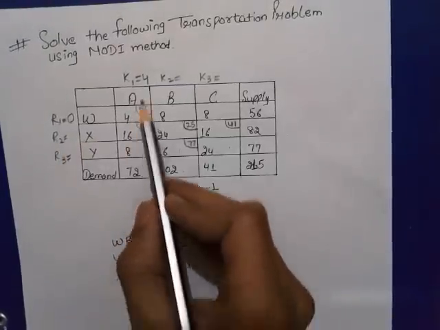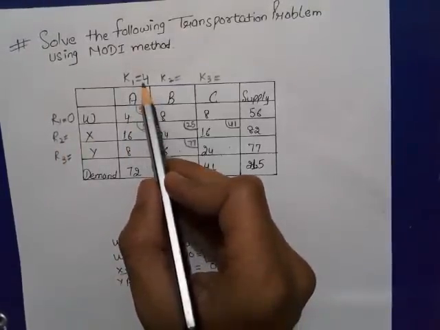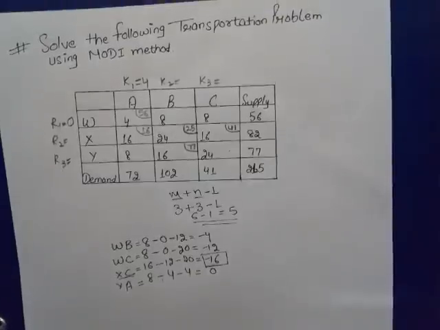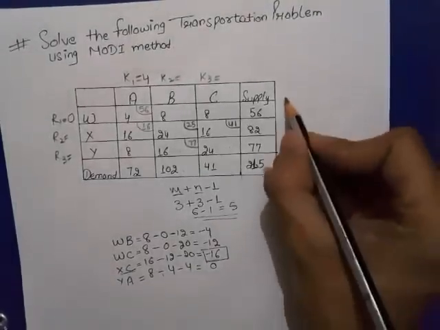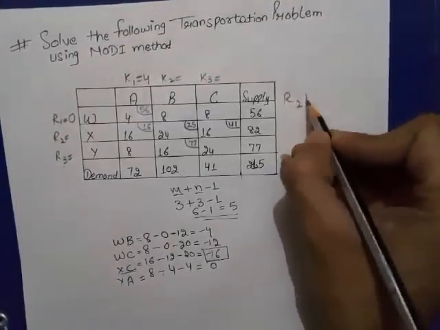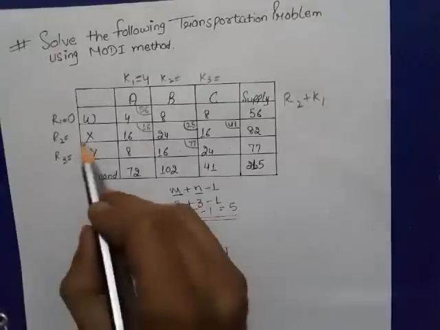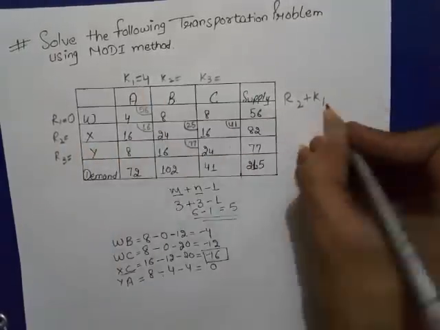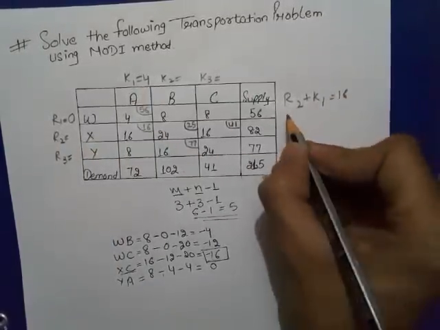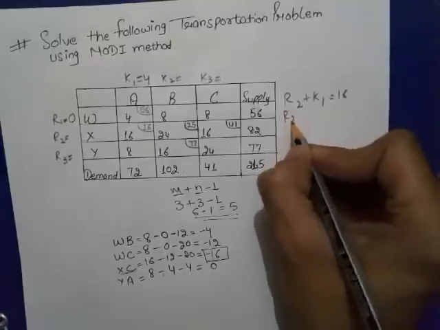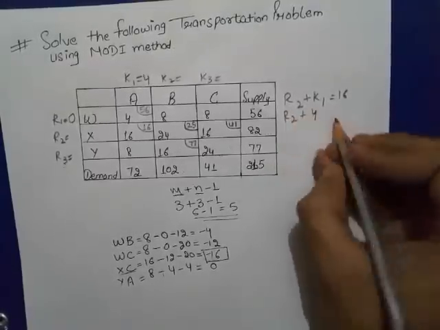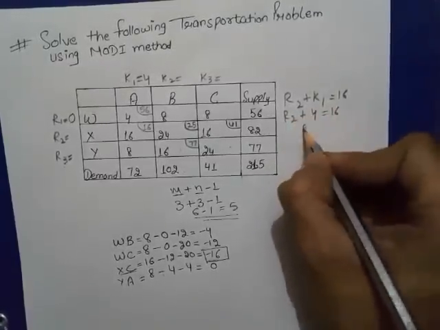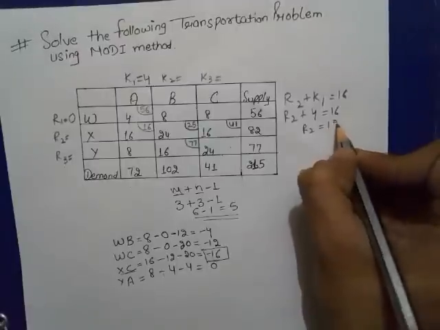R2 plus K1 is equal to 16. The value of R2 is unknown, K1 is 4, so R2 will be 12.